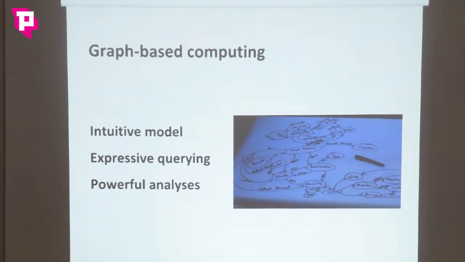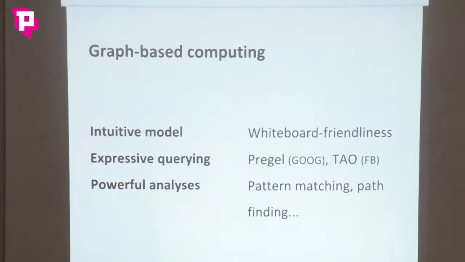Then the querying. The querying is very nice. It allows you to produce otherwise very complex queries in a very concise and simple way. And you can extract lots of information, not only from the data itself, but from the links between pieces of data. So yes, I like to call that whiteboard friendliness in new technology, because you just take a whiteboard, start to draw a model, discuss, refine the model, etc. Everyone can take part.